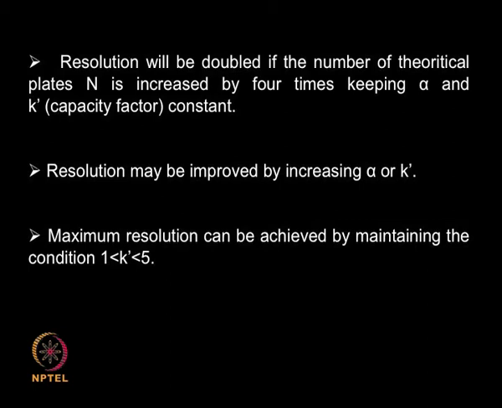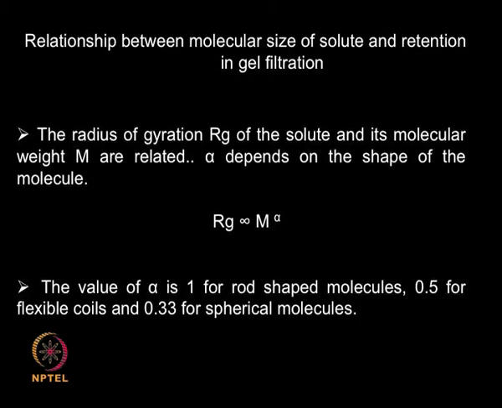So this equation tells you how I can improve the resolution, either by increasing my theoretical plates, or by increasing the capacity factor, or I can modify the ratio of the elution volume of 1 and 2, that is component 1 and component 2 actually.